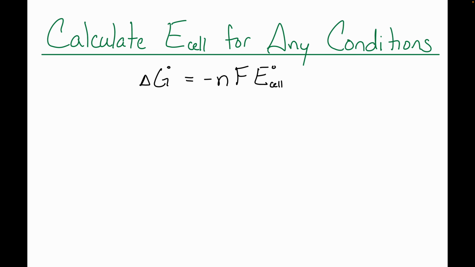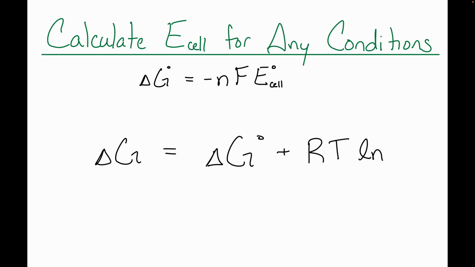And then we said, all right, well, we don't know what our E cell is under any conditions, but we did have this relationship from our thermodynamics chapter where our delta G without the naught under any conditions was equal to delta G naught plus RT natural log of Q. And again, that Q was how we plugged in those any conditions.